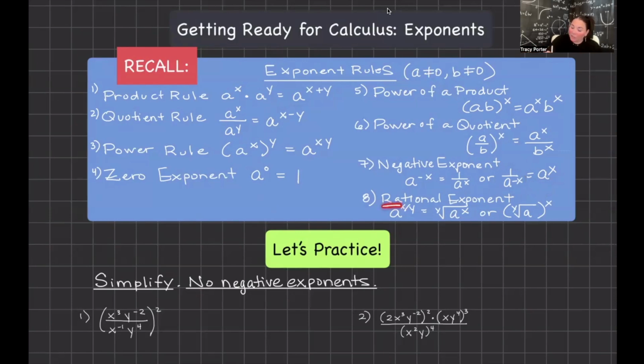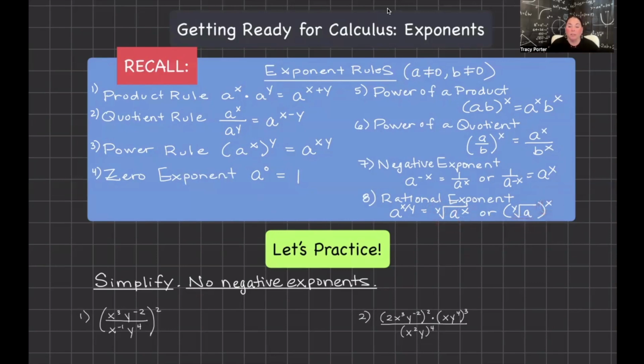And then rational exponents, which are fractions, you can write those in two different ways. The denominator here, y, is going to be your root. So in both of these cases, you can see it's the root, but you can raise a to the x power first and then take the root, or you can take the root, the y root, and then raise that number to the x power.